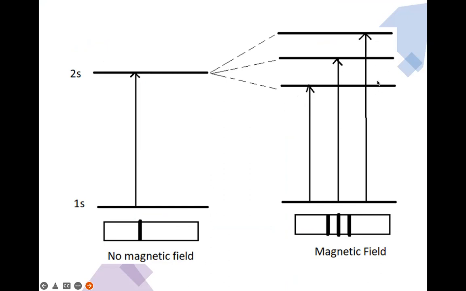NMR really uses this splitting process, so that in proton NMR you can study where the hydrogen is. So what happened is the energy is split.